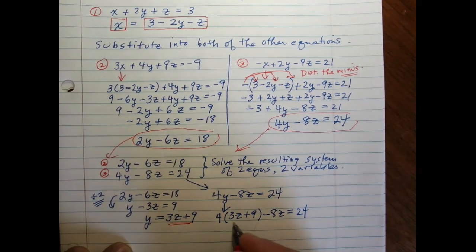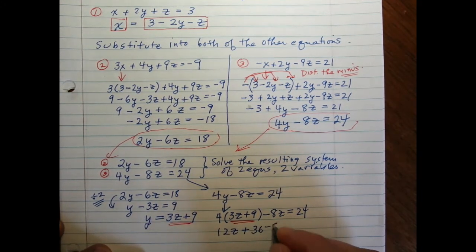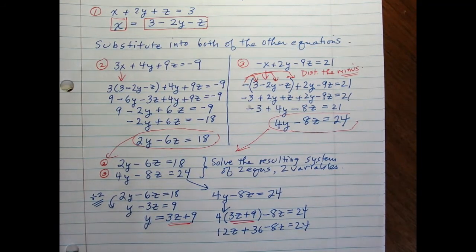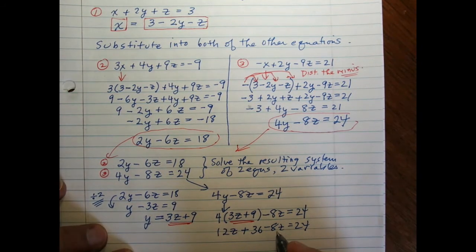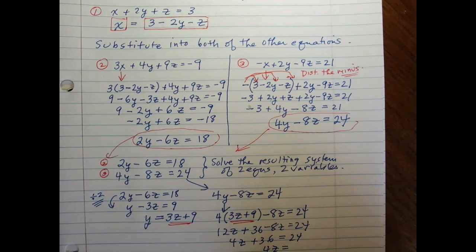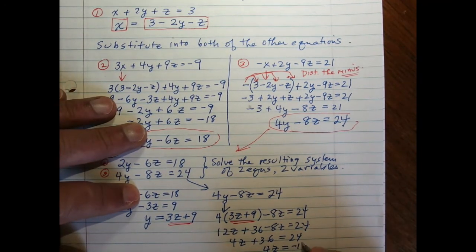So this was the idea for my substitution. And I have 12z plus 36 minus 8z is 24. Combine like terms again. 12 minus 8 is 4z plus 36 equals 24. 4z is going to be, let's see, 24 minus 36 is negative 12.